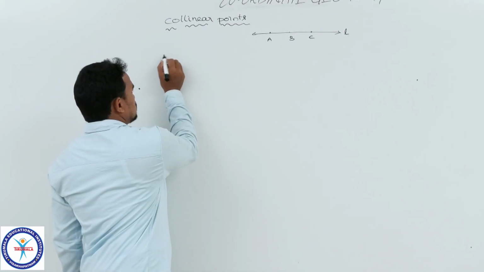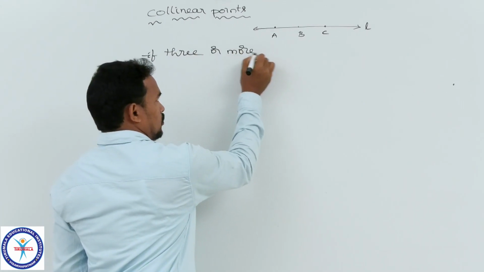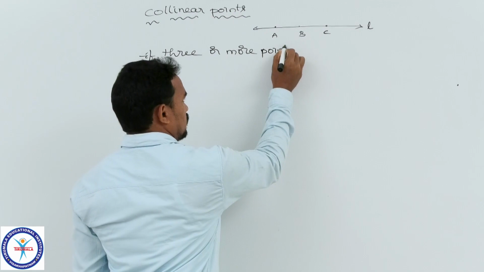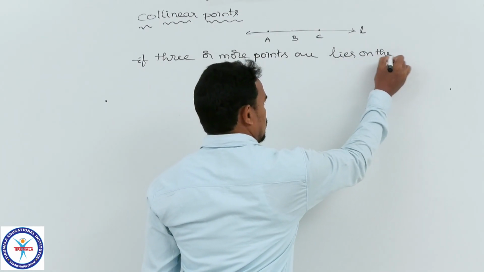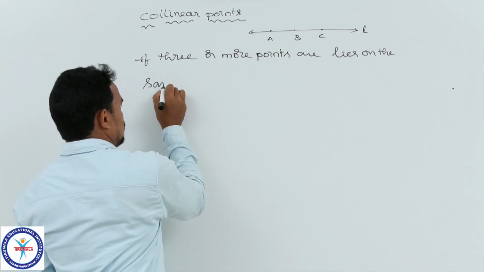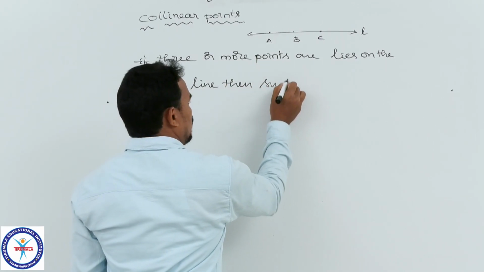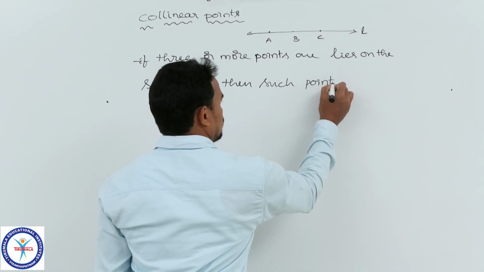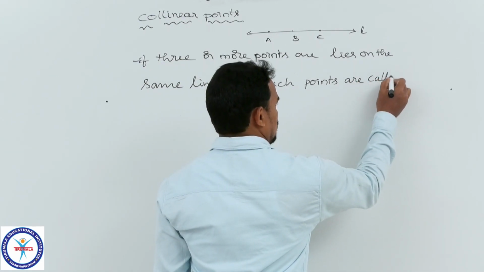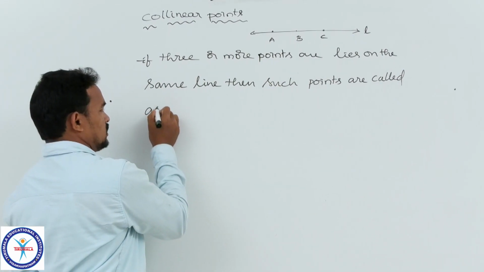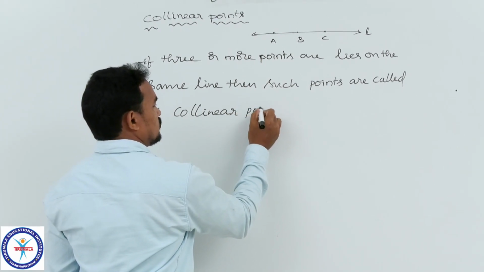If 3 or more points lie on the same line, then such points are called collinear points.